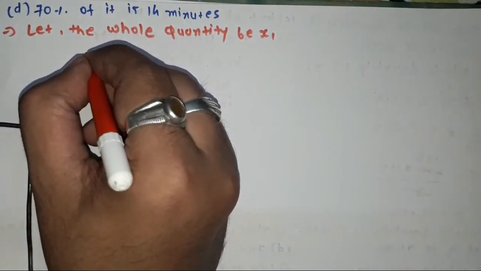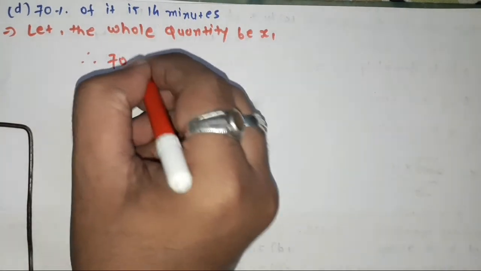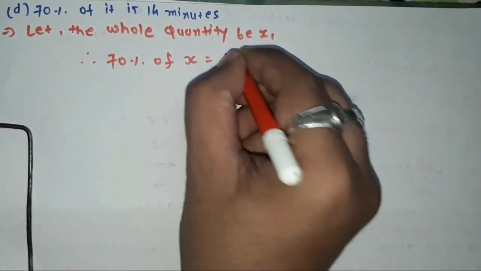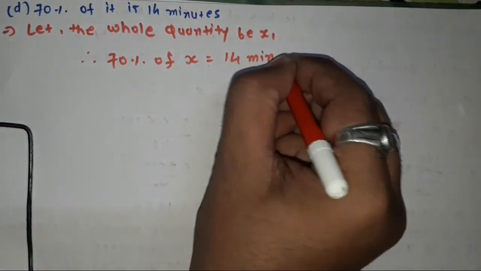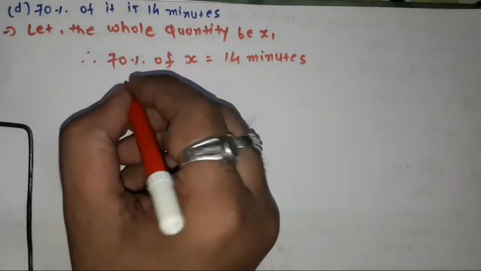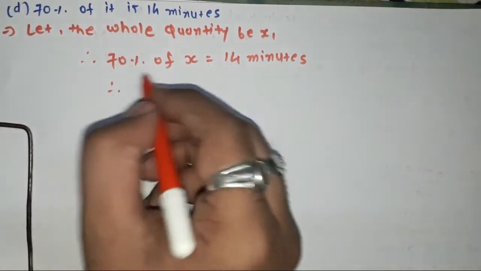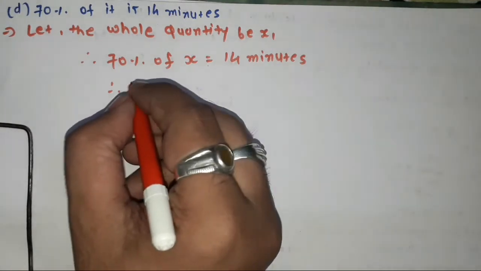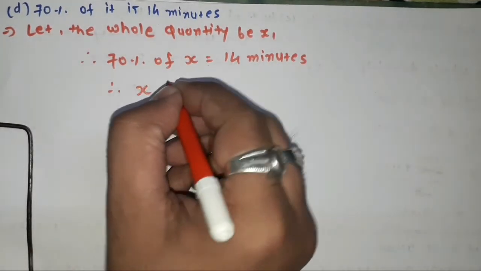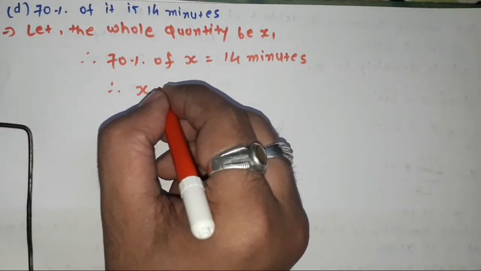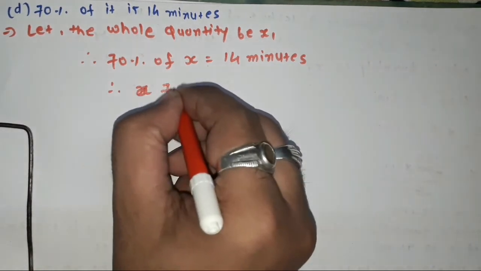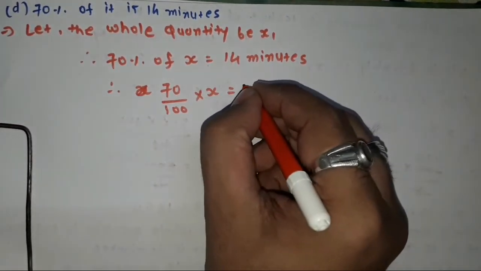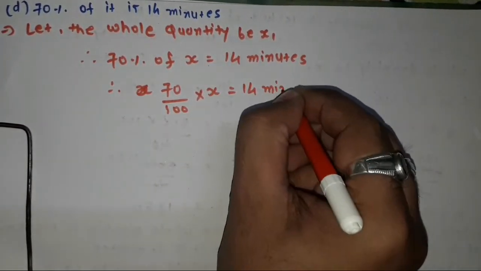So I can write this statement: therefore 70% of x is equal to 14 minutes. Now this represents that 70% of this x is equal to how much? This is 14 minutes. Before finding the value of x, we can write the statement that 70 upon 100 multiplied by x is equal to 14 minutes.